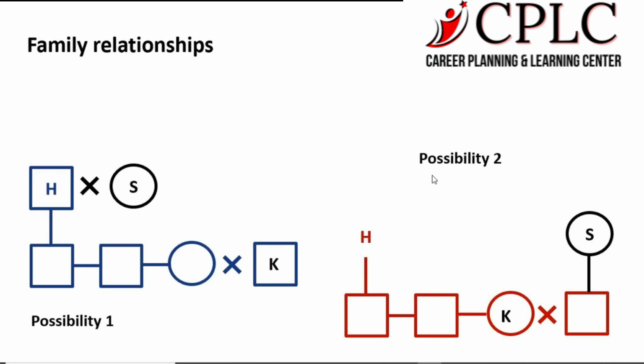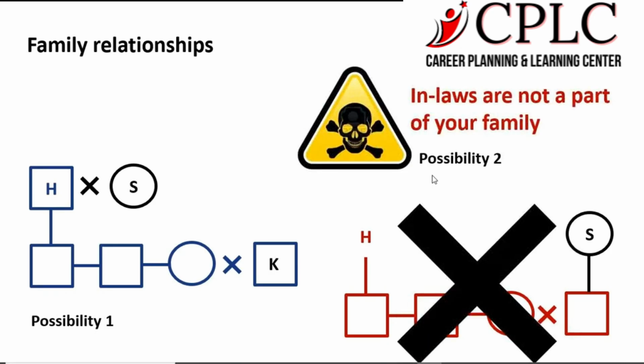Now, if you see both the possibilities, specifically in possibility number 2, the relationship has gone to the other side of the family. And this gives us another very important and crucial rule, which is that in-laws are not part of the family.